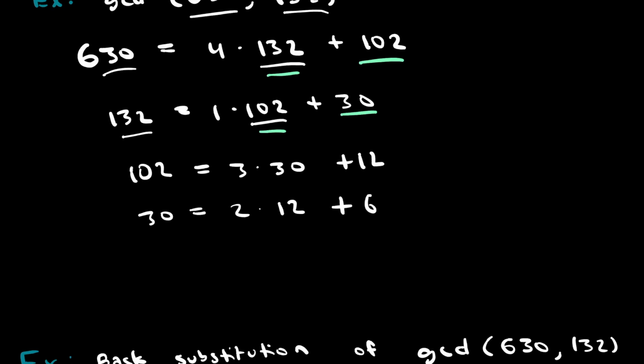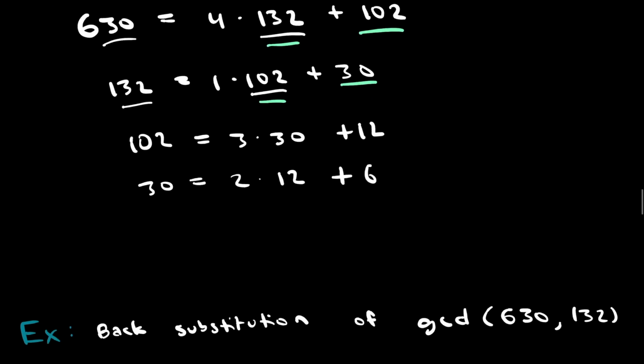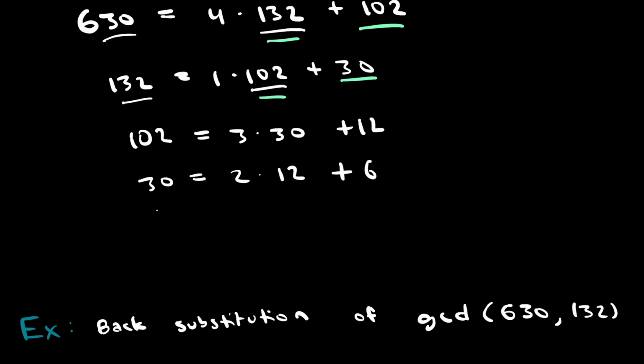And finally, 12 is equal to 2 times 6 plus 0. So now we have a remainder 0, and we can stop. The last non-zero remainder is 6. And this chain of divisions is Euclid's algorithm. Each line shrinks the problem while keeping the greatest common divisor fixed, and it terminates relatively fast.